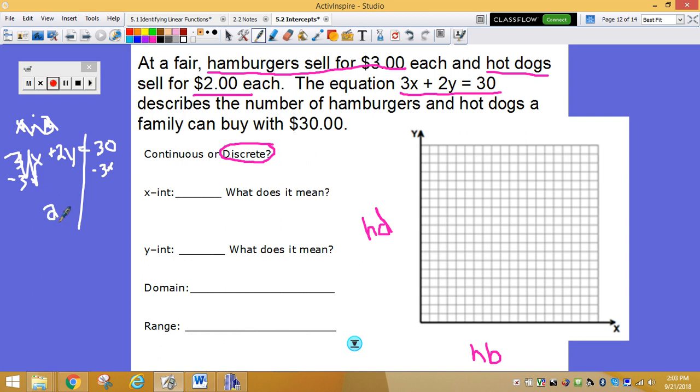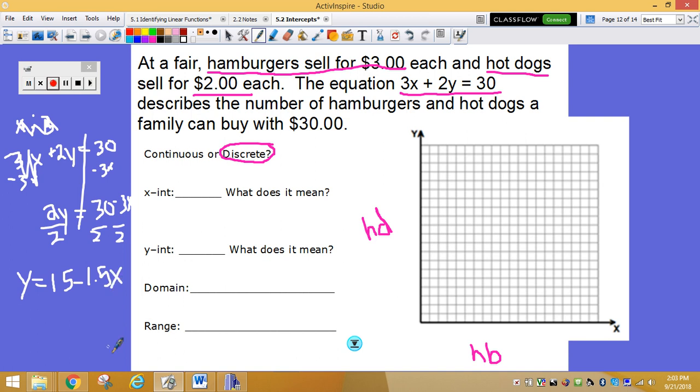The 3x's cancel, so 2y equals 30 minus 3x. Divide by 2, divide by 2, divide by 2. So y equals 30 divided by 2 is 15 minus 3 divided by 2. You can put 1.5 or leave it 3 over 2.